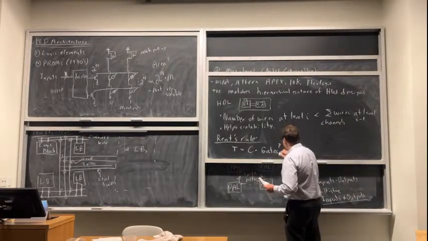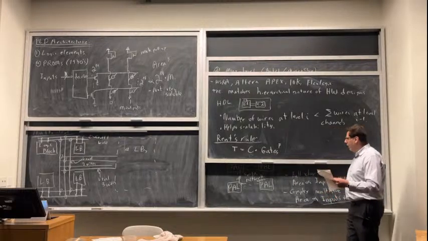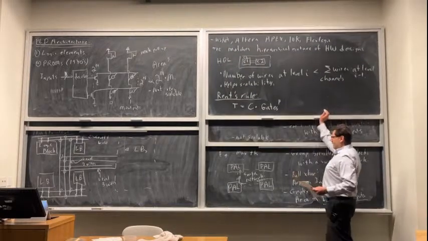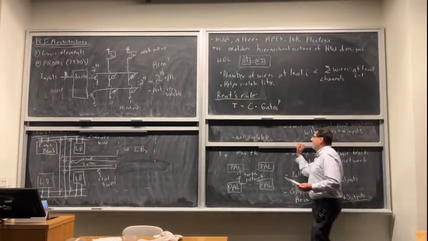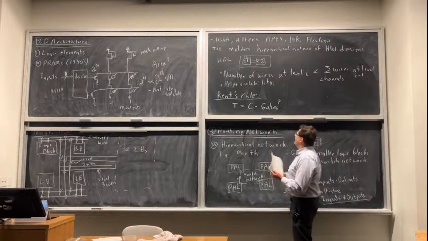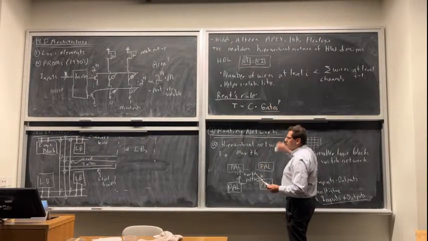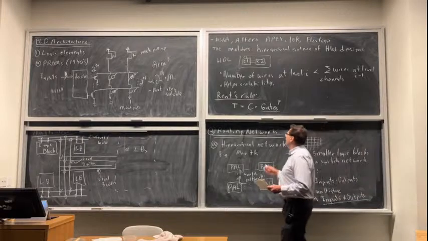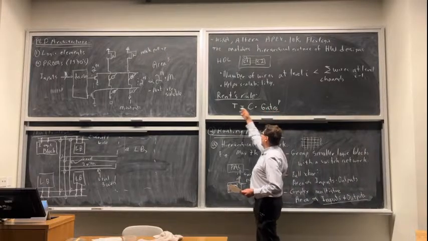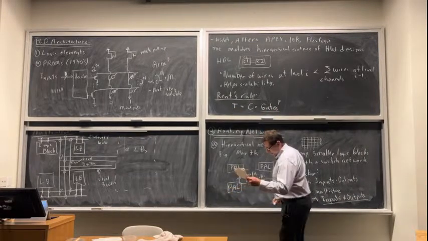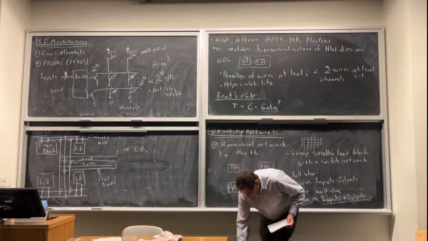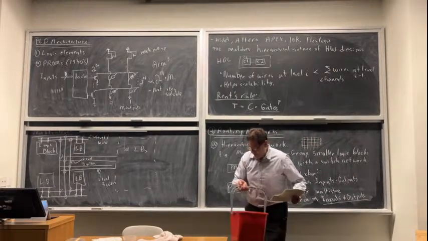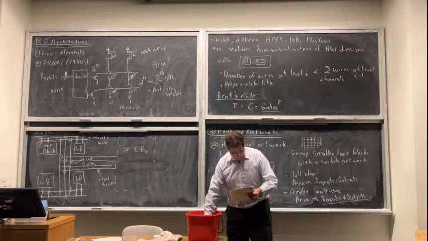So this rule just relates how much stuff is in some module, how much logic, how much compute, how many gates, to the number of inputs and outputs of that module. And this rule has been found to hold for a whole lot of different technologies.